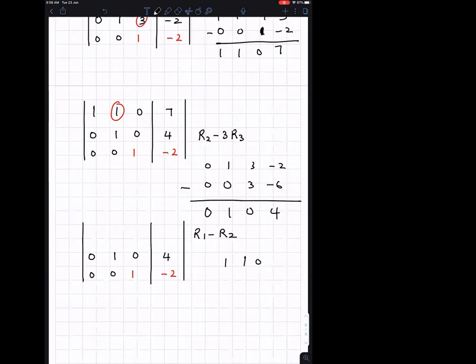Row 1 is 1, 1, 0, 7. Subtract row 2, 0, 1, 0, 4. That gives 1, 0, 0, 3.